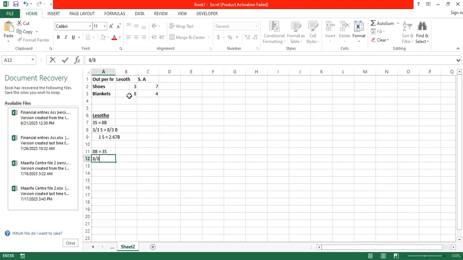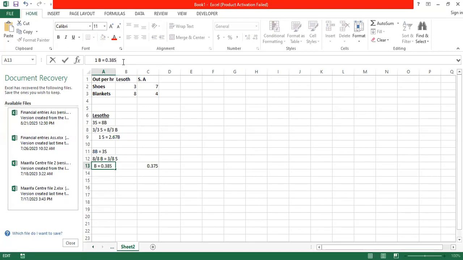So 8 divided by 8, the B remains, and then we have 3 divided by 8 S. Once we are done dividing, you have 1B is equal to 3 divided by 8, which is 0.38. Let's make it 0.38.